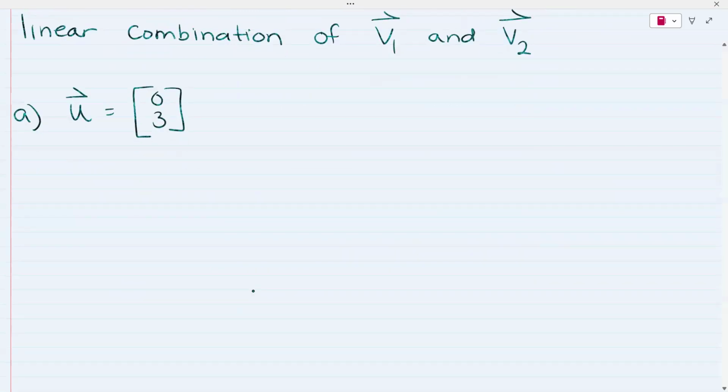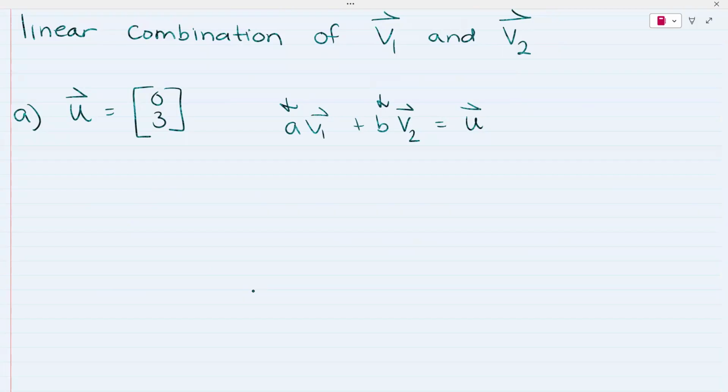So we've got to find a v1 plus b v2 that gives you vector u. So basically, we're trying to find the scalars a and b, right? Because that is your linear combination.